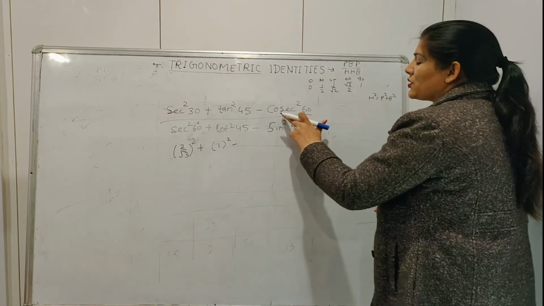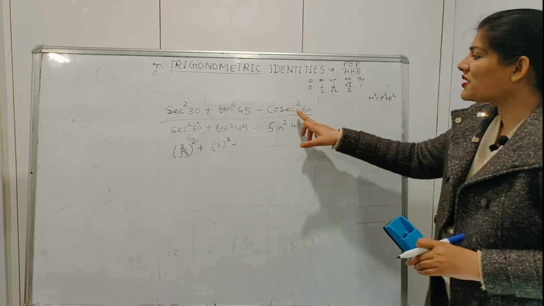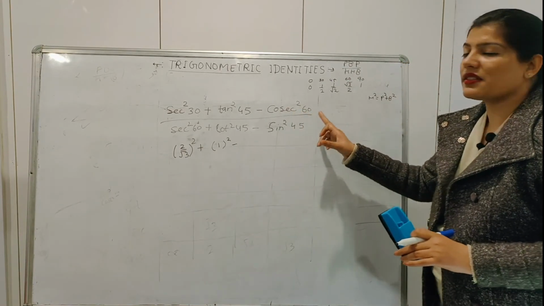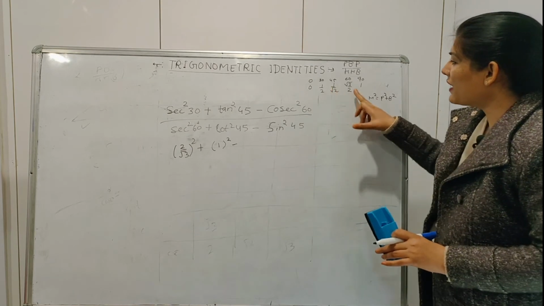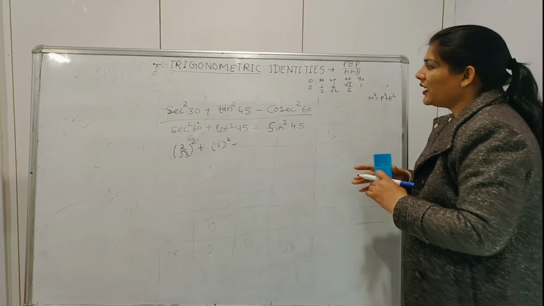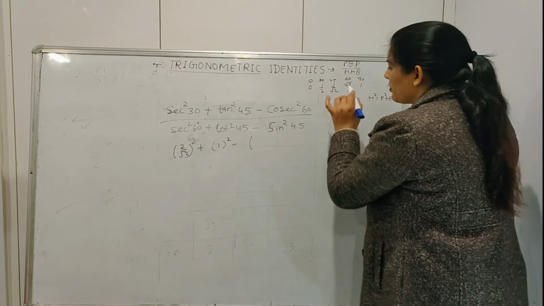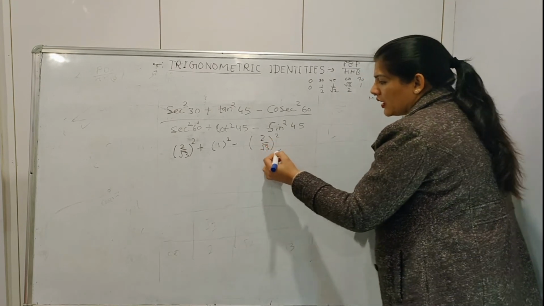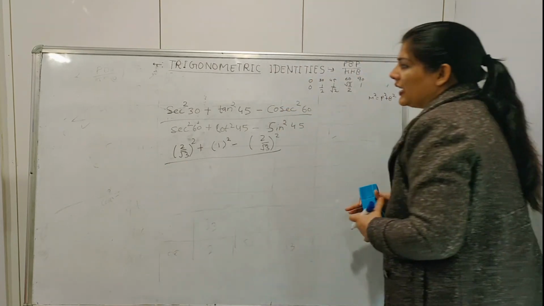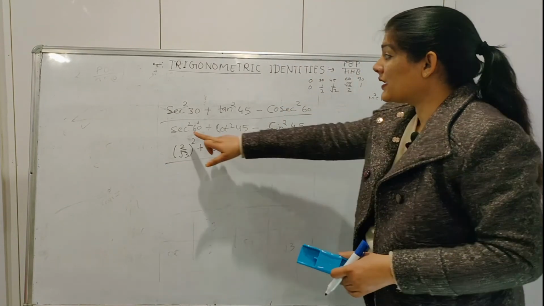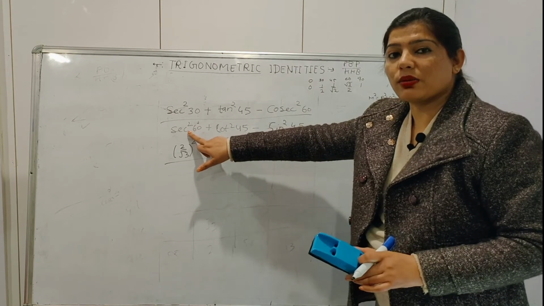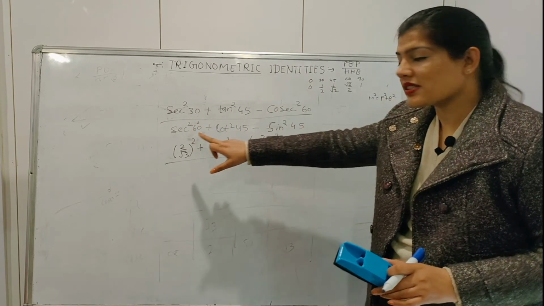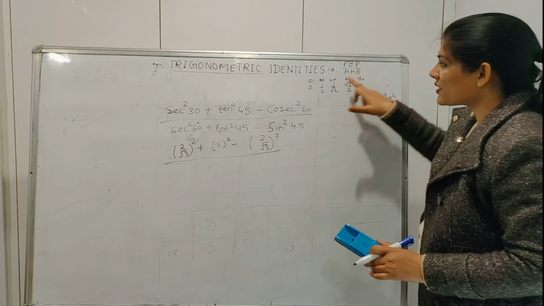Okay, so now cosec square 60. Cosec is the reciprocal of sine, and we have sine 60 here. So you have to write the reciprocal of this, 2 upon root 3 square, divided by sec square 60. Sec is the reciprocal of cos, and cos 60 is equal to this.